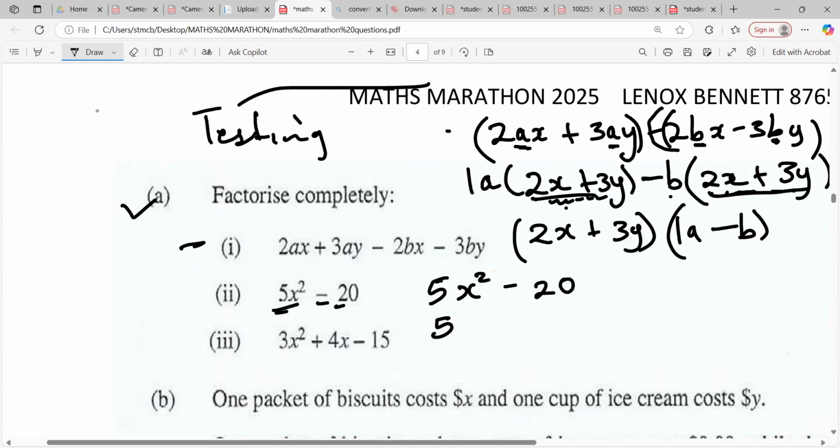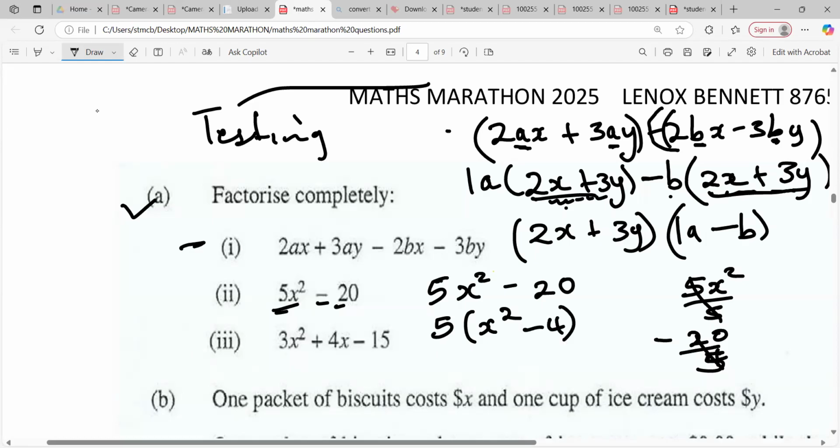So we take out the 5. I like to show the steps. So 5 into that, I leave x squared. And then similarly, minus 20 divided by 5, I just have to leave 4.